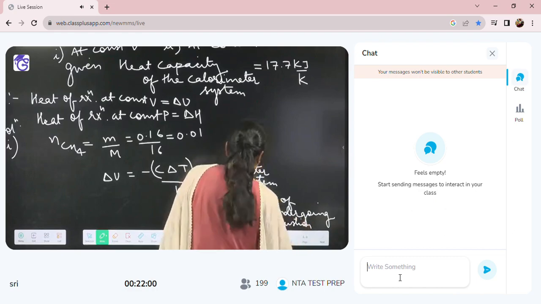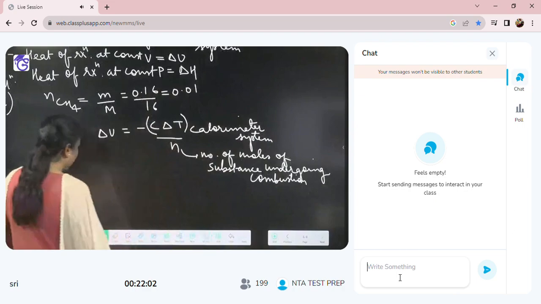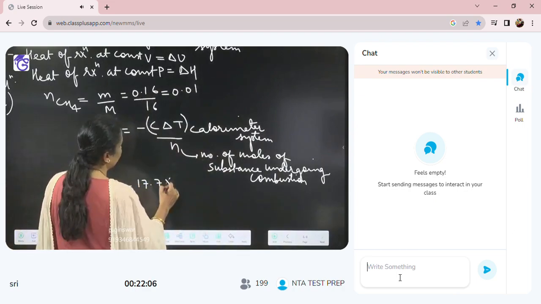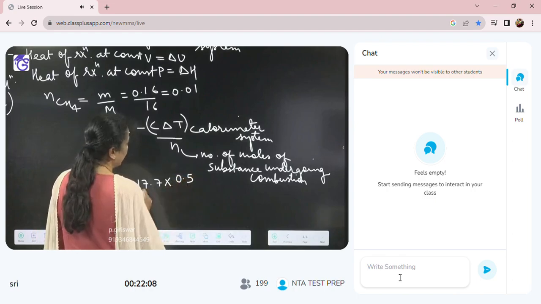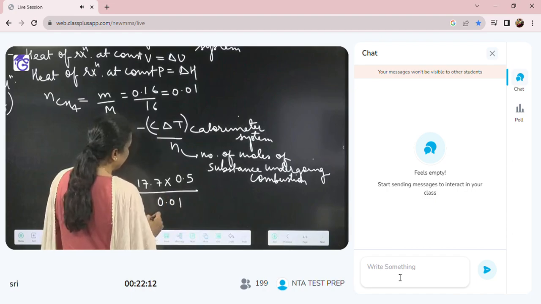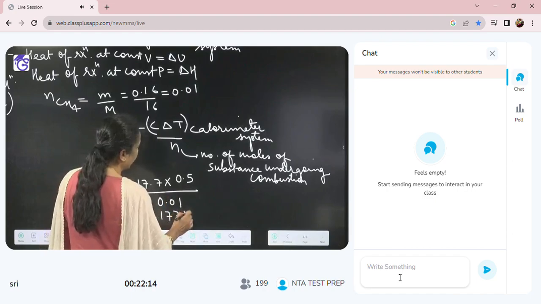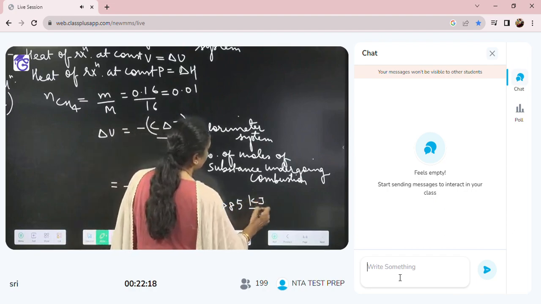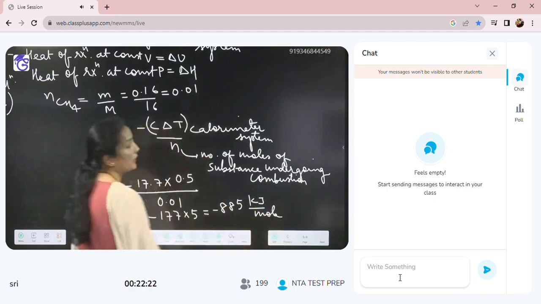So simply all the things are given to you. Here I'll be writing this as minus of, you are having 17.7 kilojoule per Kelvin, 0.5 is the change in temperature, number of moles is 0.01, so you are writing here minus 177 into 5, which will be minus 885 kilojoule per mole, right?